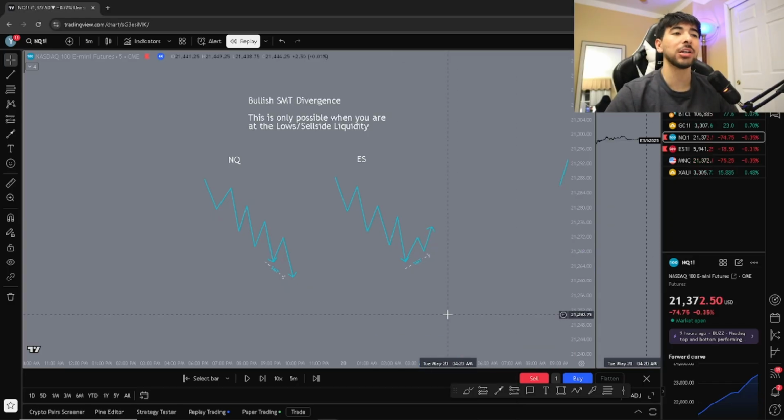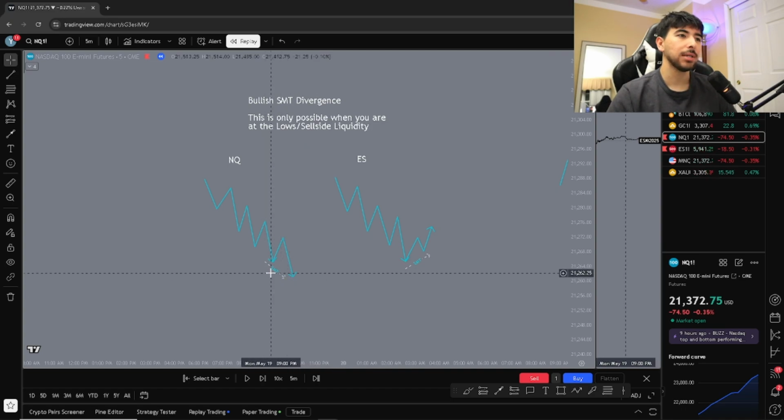Now guys, there's actually one thing that I also want you to note down, and it's a huge misconception when it comes to trading SMT divergence. A lot of people think only NQ can continue taking out the high or the lows, while ES doesn't.